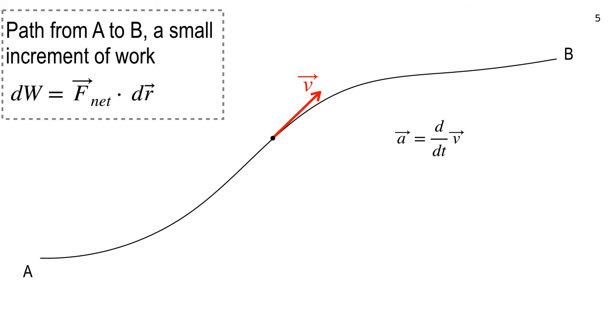Other thing that's important, F net is F equals ma, right? Newton's second law. And so the acceleration a is d by dt of the vector v. Now the problem with that is that it doesn't mean that the acceleration is parallel or anti-parallel to v.